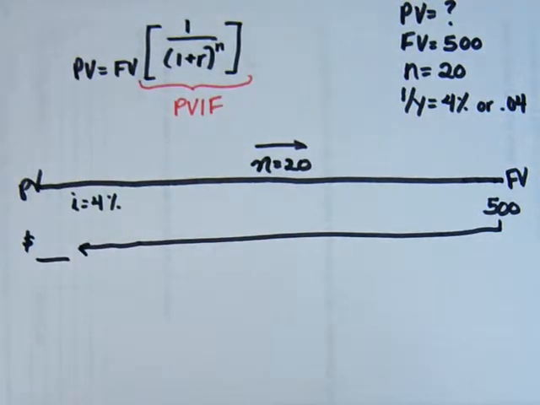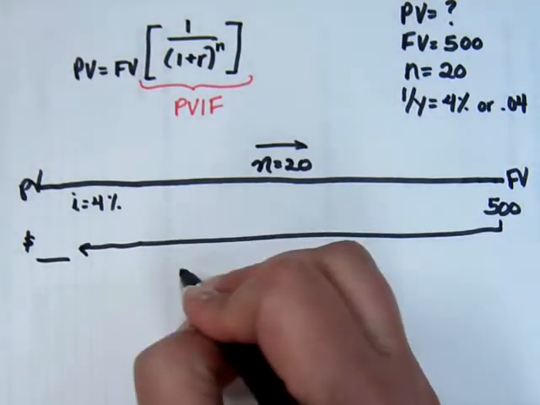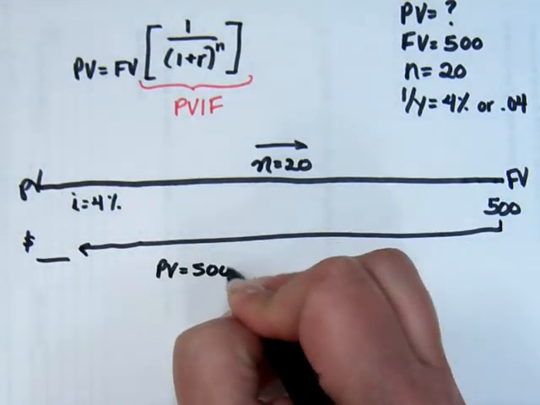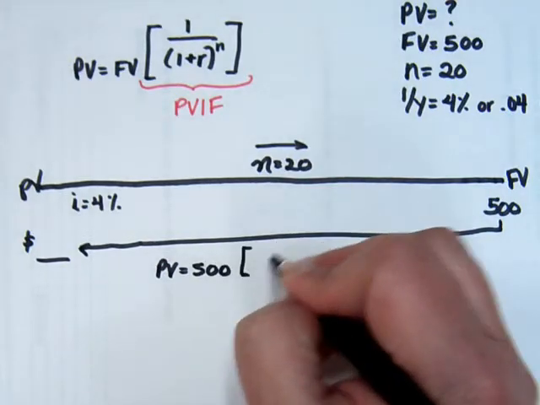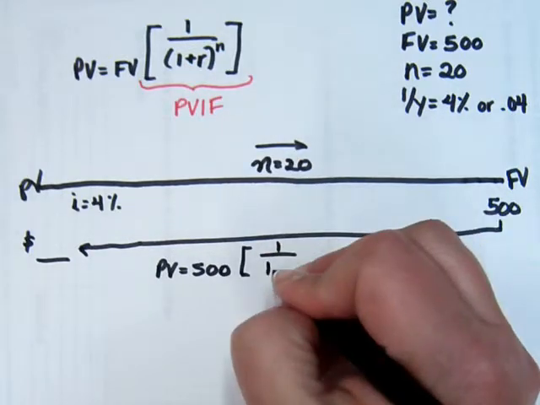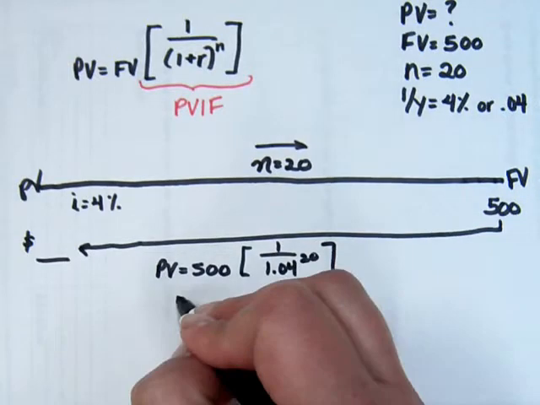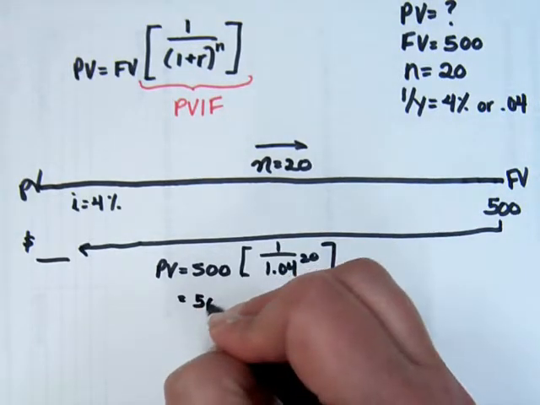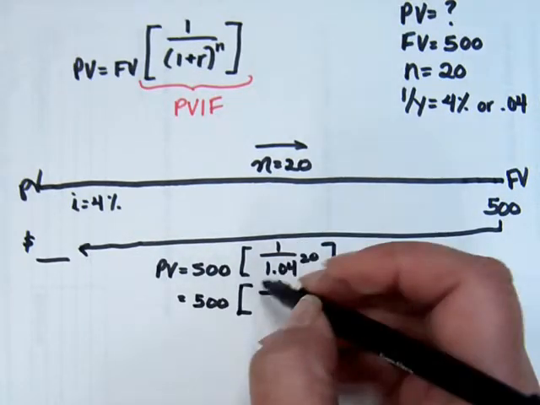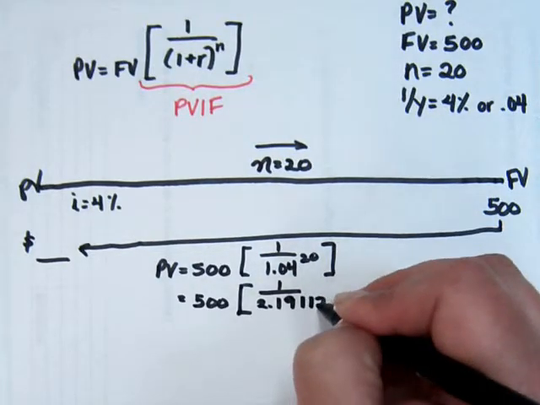All right, so when we work through the math, we will have PV equals 500 times 1 over 1.04 raised to the 20th. And then that will be 500 times 1 over 2.191123.